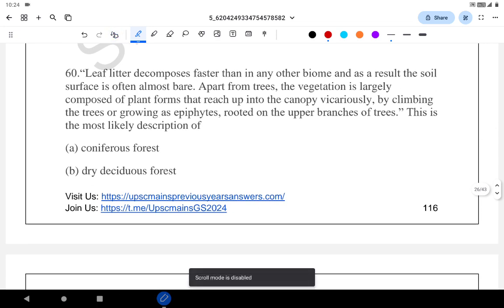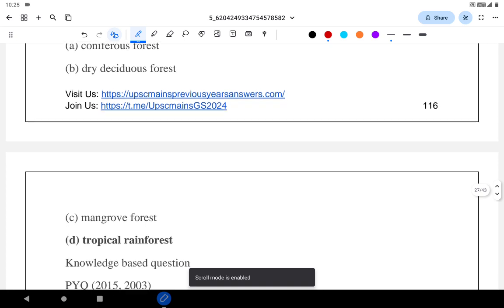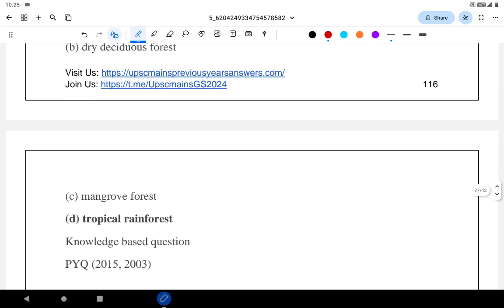Question number 60. Leaf litter decomposes faster than in any other biome, and as a result, the soil surface is often almost bare. Apart from trees, the vegetation is largely composed of plant forms that reach up into the canopy vicariously by climbing the trees or growing as epiphytes rooted on the upper branches of the trees. This is the most likely description of evergreen forest, tropical rainforest.